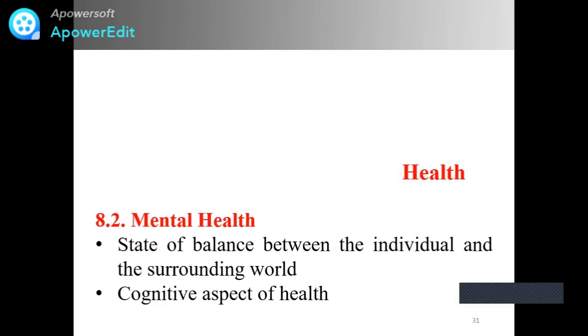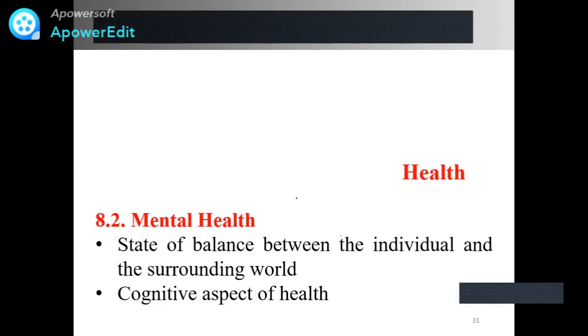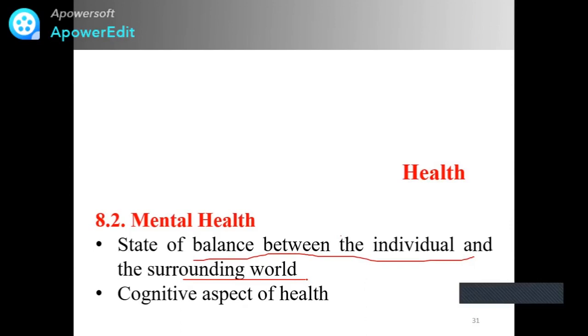Mental health is a state of balance between the individual and the surrounding world. A state of harmony between oneself and others, in coexistence between the realities of the self, that of other people, and that of the environment.